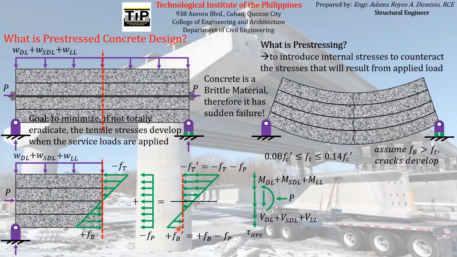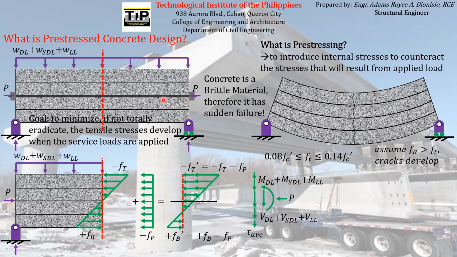So therefore, when we pre-stress the concrete beam, the result is that we have minimized, yan o, obvious naman sa diagram, di ba? We have minimized the tensile stress being experienced by the concrete beam. Kanina, ganito kalaki yung magnitude ng tensile stress at the bottom fiber.